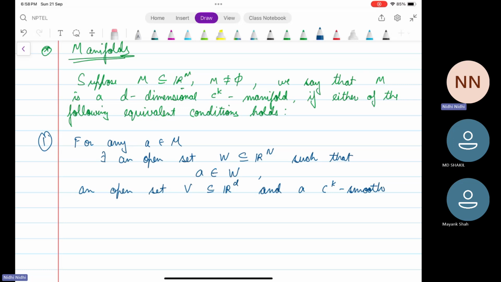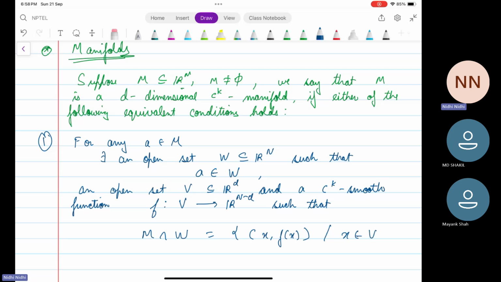And a CK smooth function F, which is defined on this V to R^(n-d), such that M intersection W is the set of points x comma f(x) for every x in V. That means M intersection W gives the graph of f.